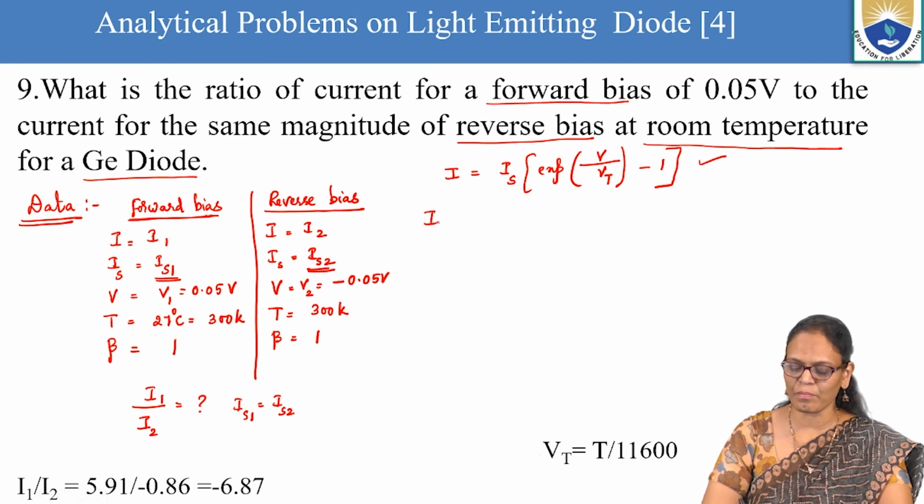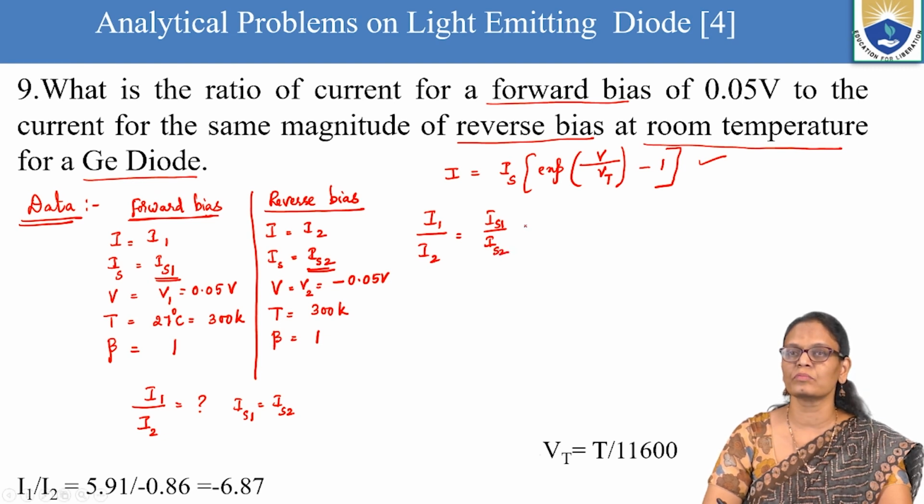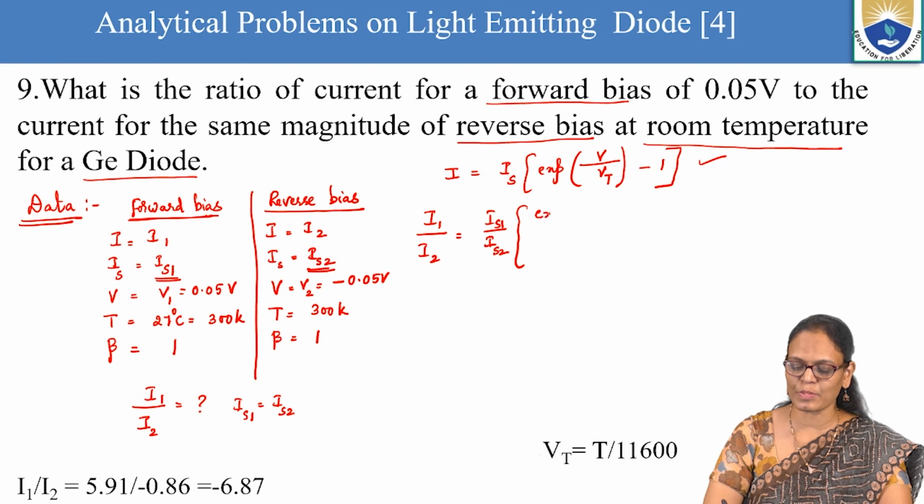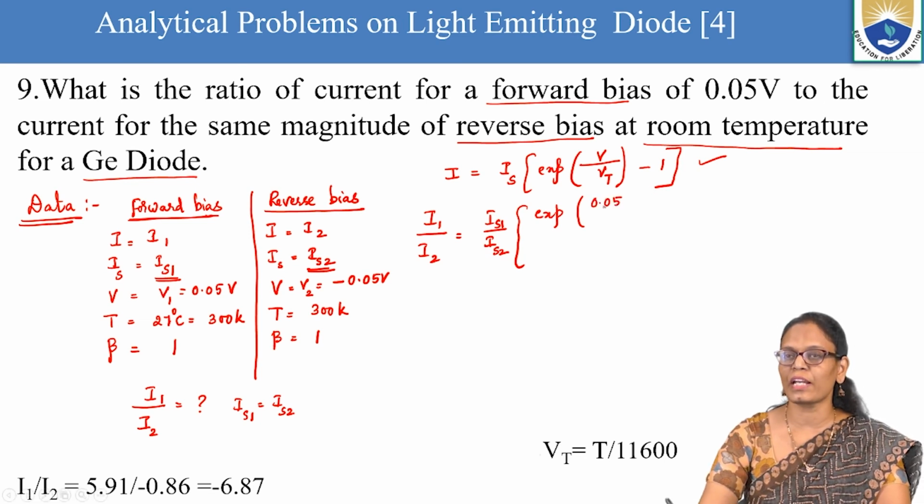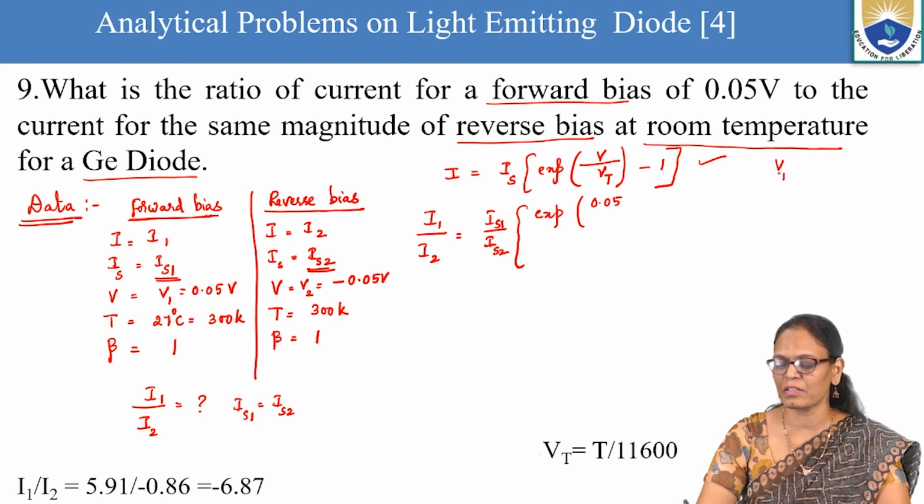Now I1 by I2 will be equal to IS1 by IS2, which are equal, and finally they get cancelled. This will be exponential, where the value of V is 0.05 by Vt. We can find the value of Vt and keep it ready. What is Vt?